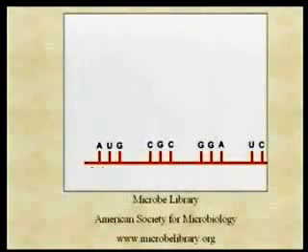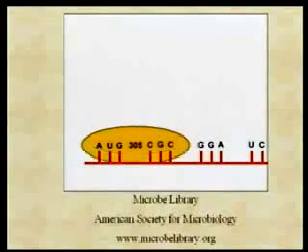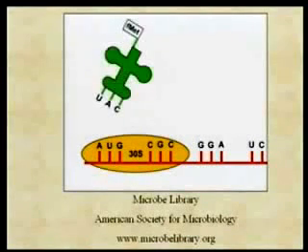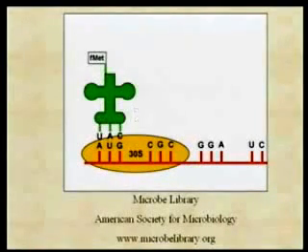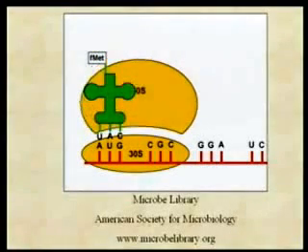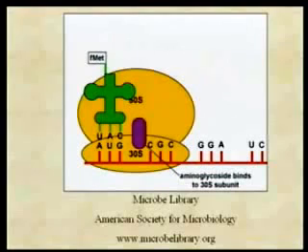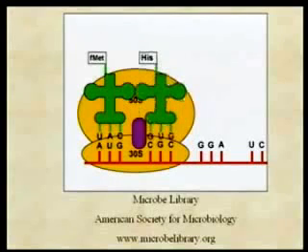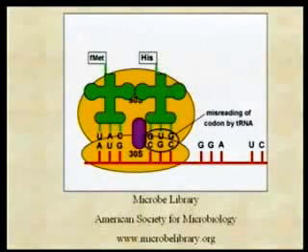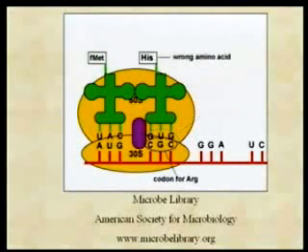Okay, so here's just the movie showing what will happen in the misreading case. So we're going through initiation, the 50S ribosome comes in. Now this codon supposedly means a certain thing, but in the presence of the antibiotic, there's a misreading of the codon because of the higher affinity of the antibiotic.